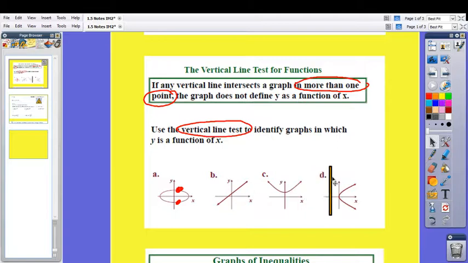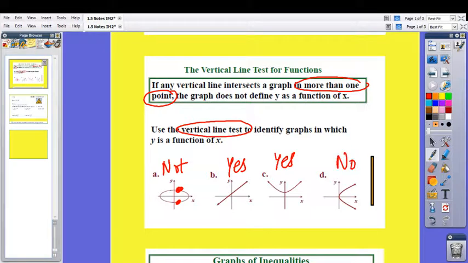If you come and look here, one point is here and one point is here. So at a time, 2 points are passing. Because of that, this is not a function. So this is how you find out using the vertical line test if it is a function or not. We figured out this is not a function, this is a function. So yes for that one and no for this one.